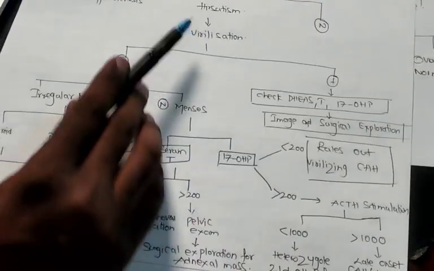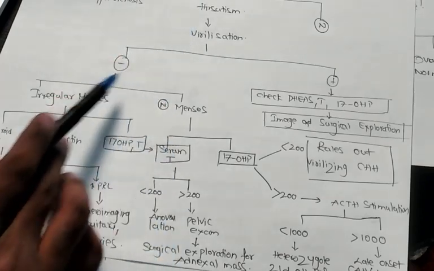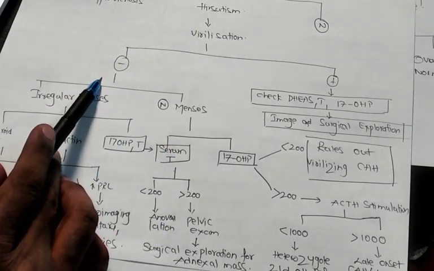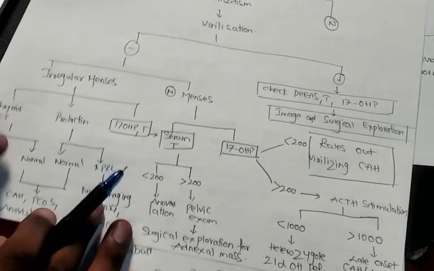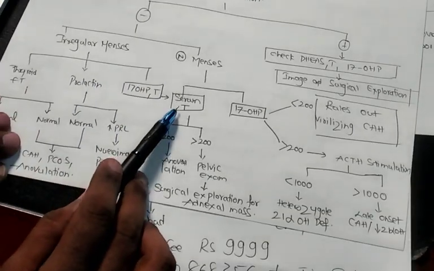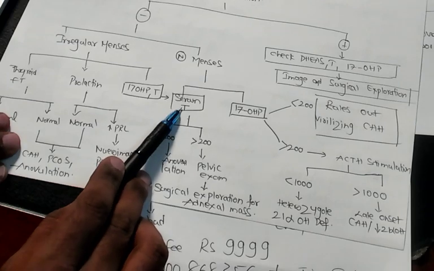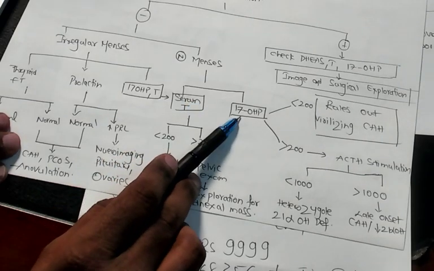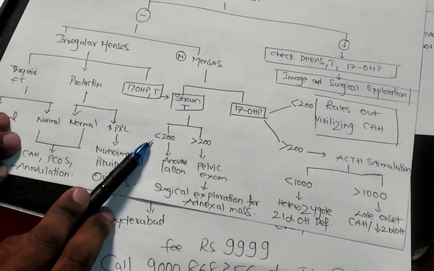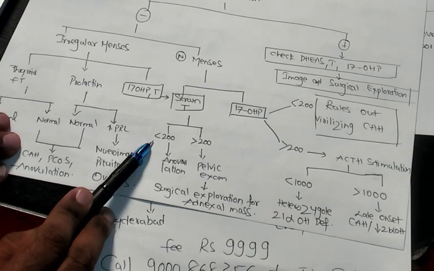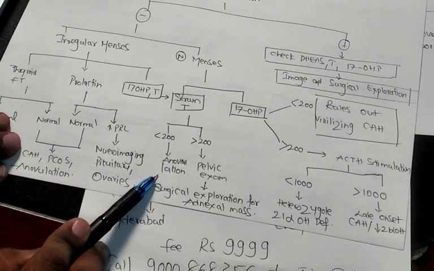Now, there is hirsutism, no virilization, but menses are normal. Then you get serum testosterone and 17-hydroxyprogesterone. Serum testosterone is less than 200, right? Then it is anovulation.